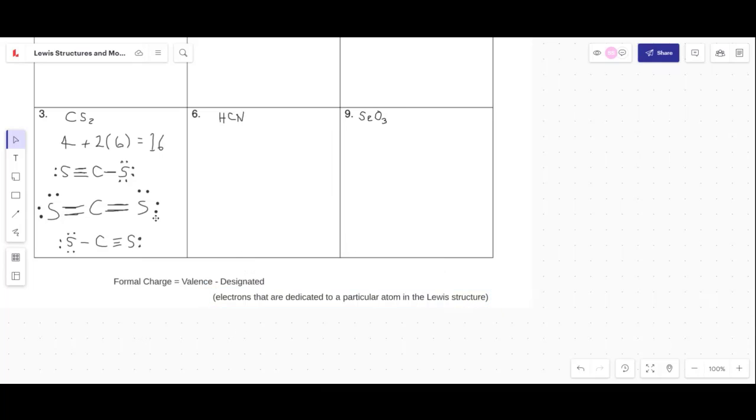Okay, so all lone pair electrons are dedicated to the atom that they're on. But for bonded electrons, I'm going to show the bonded electrons here. I'm going to put little blue dots.